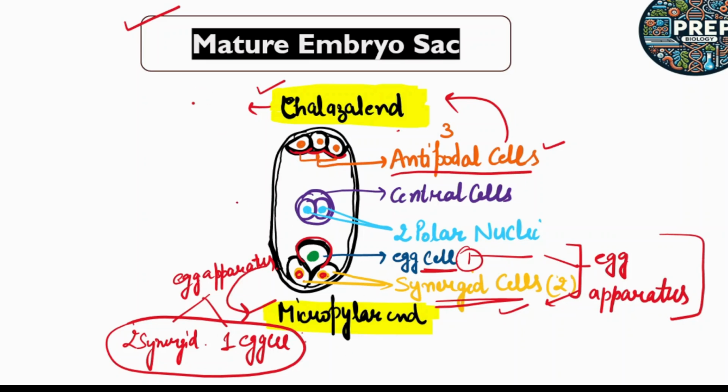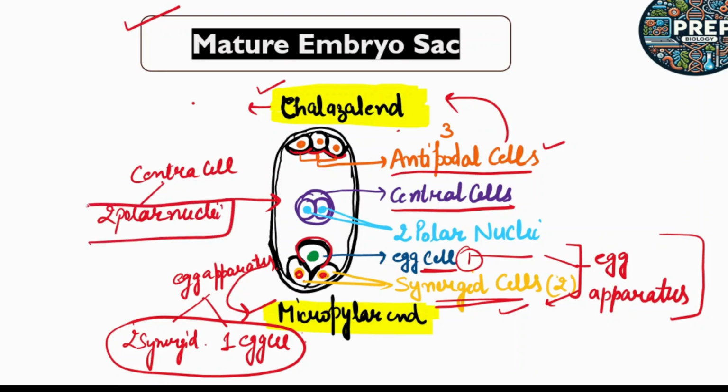Now at the center, we have the central cell present. The central cell has 2 polar nuclei. So how many nuclei does the central cell have? 2 nuclei.